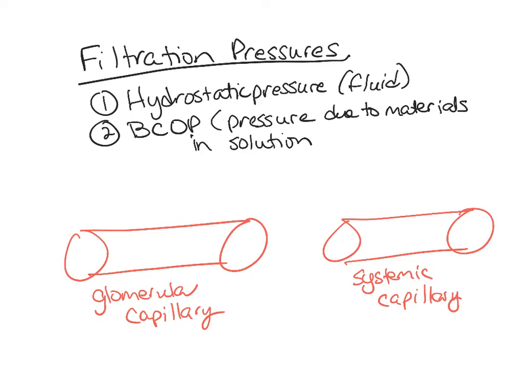The hydrostatic pressure is the pressure of the blood pushing against the wall of the capillaries and pushing fluid out. That is what is called the hydrostatic pressure, or HP. And then the colloid osmotic pressure is due to the presence of plasma proteins inside the capillaries.